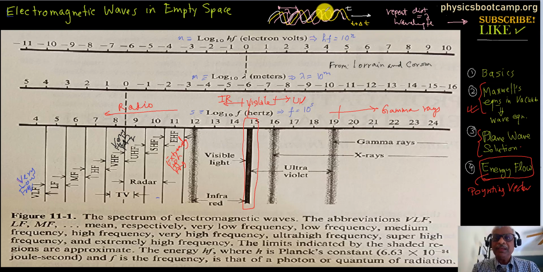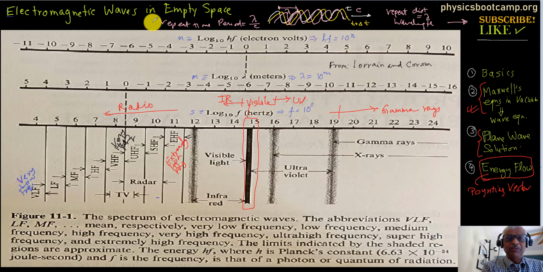So the repeat distance is called the wavelength, and if it's light, then it's moving at the speed of light c. The repeat time is called the period, and it's going to repeat in a time lambda over c. That's the time it'll take to repeat.